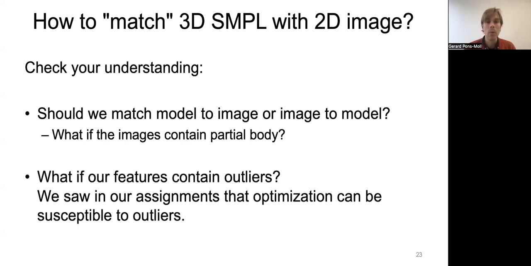Think about this, and we will discuss these questions in the Q&A session. And also think about what would happen if features contain outliers. We saw in the assignments that optimization can be quite susceptible to outliers, especially if we're using a loss that is based on L2, right? We have seen that outliers can dominate the optimization.